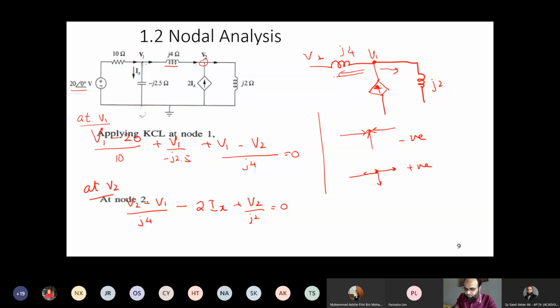So I'm considering V1 minus V2 away, V1 minus 0 away, and this one towards. V1 minus V2 away is positive, but this is going towards, so negative. Is that clear? You might be confused by this particular arrow. If we consider this arrow, then we take V1 minus V2 upon J4, which eventually will turn into a negative sign. All right?